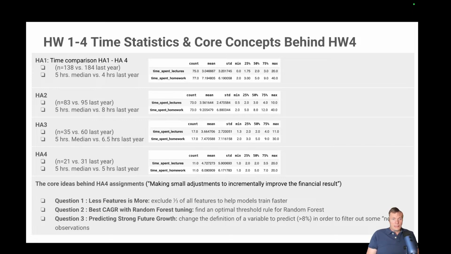And finally, there was a question about predicting a strong future growth. That is, you are predicting not just positive or negative growth in 30 days, but you define some number for a strong positive growth, say in our case 8%.